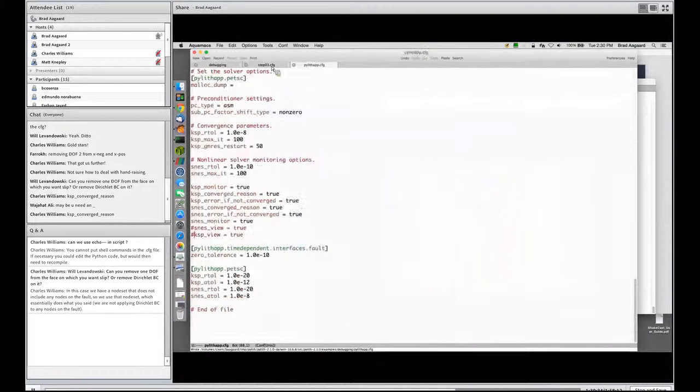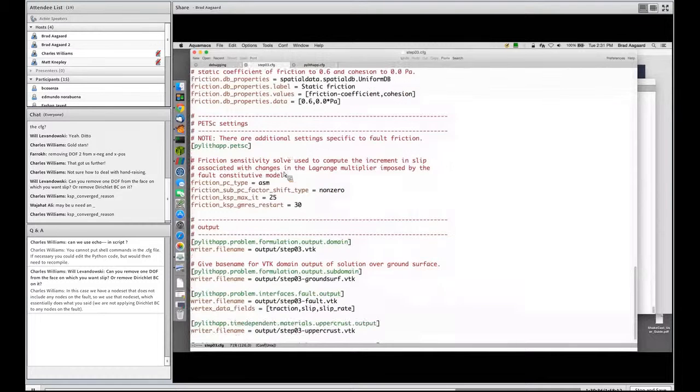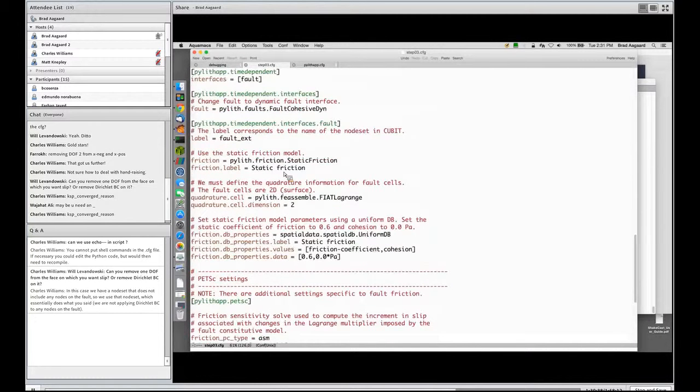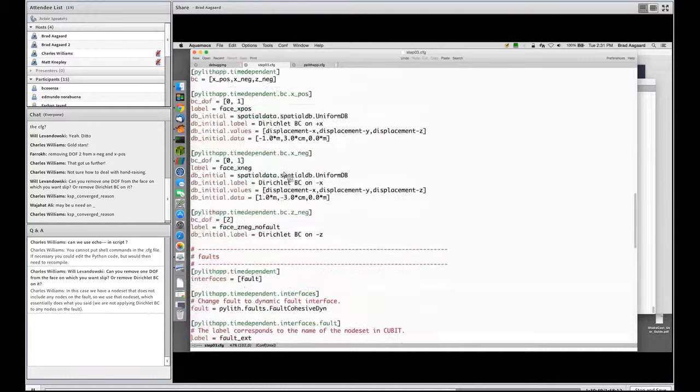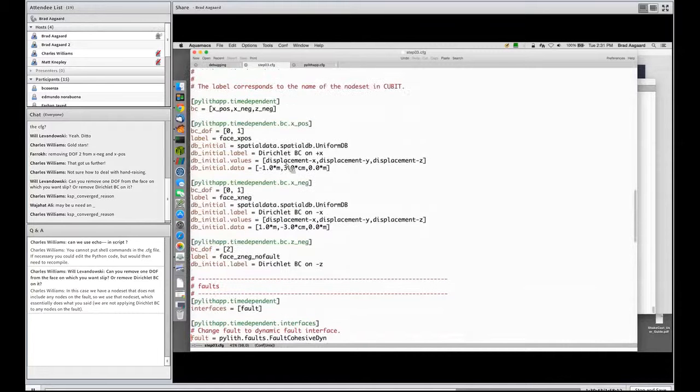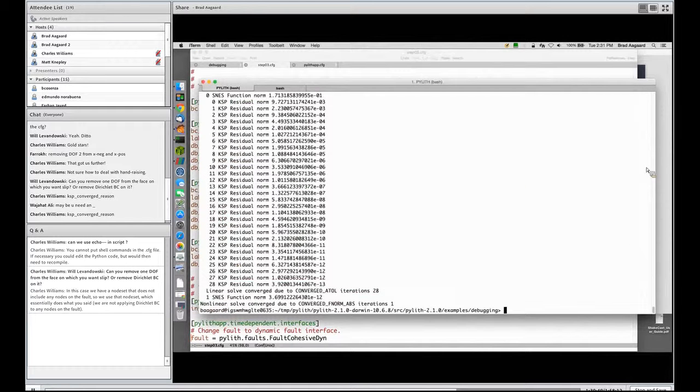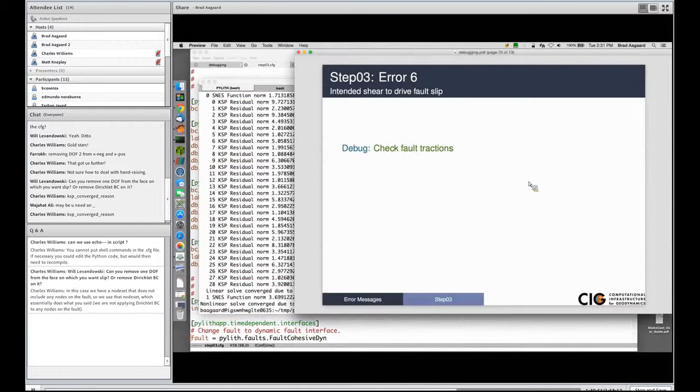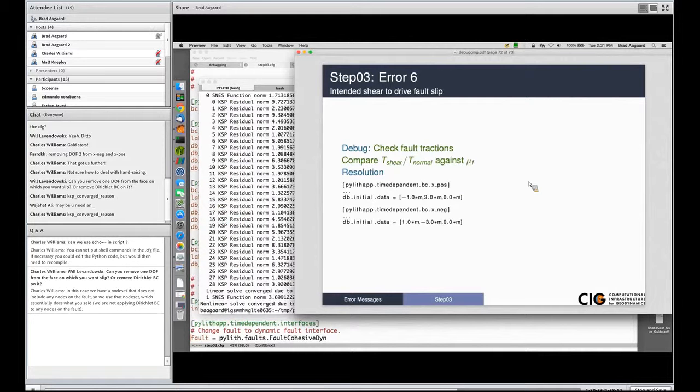Let's go back to step 03. Where's our boundary conditions? So here's what I have. Let's see, what did I say I wanted? So I want -1 to 1 and 3 and -3.